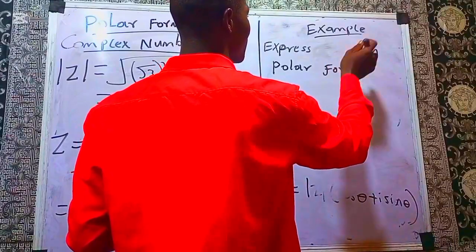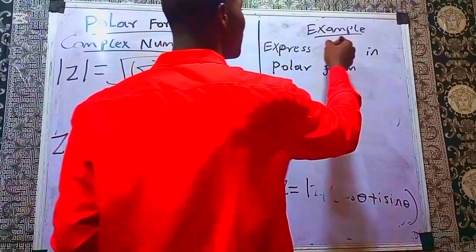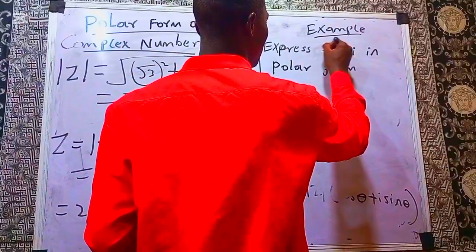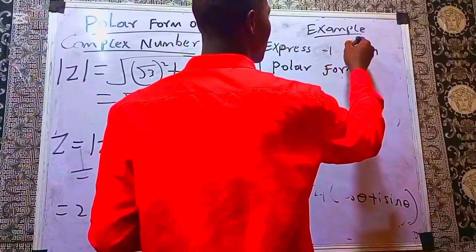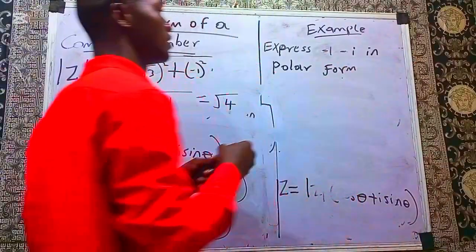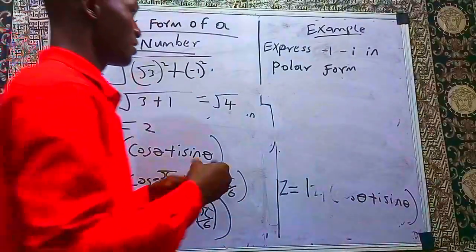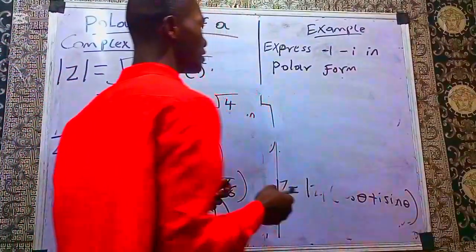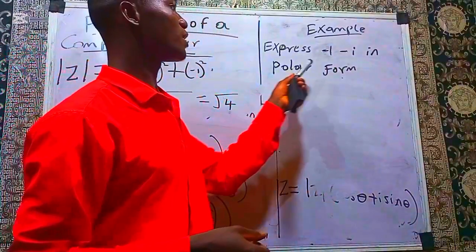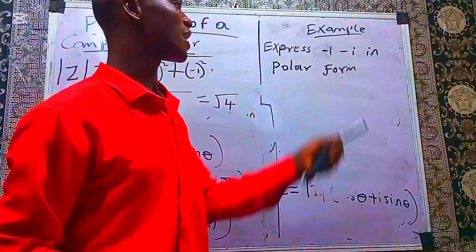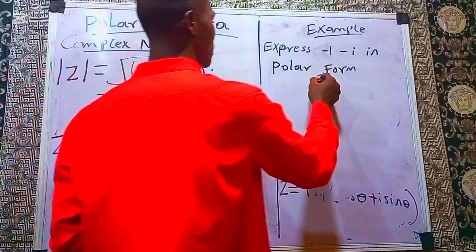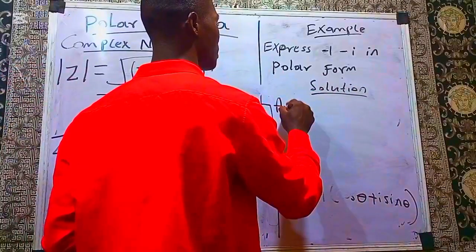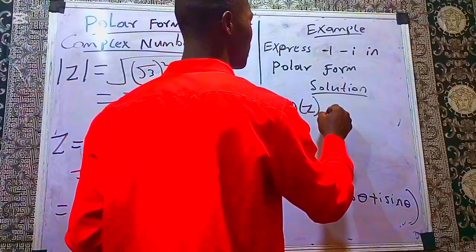What if I decide to put here -1, and put here negative. So we want to express this complex number, -1 - i, in polar form. Solution. First of all, get your principal argument, arg z.